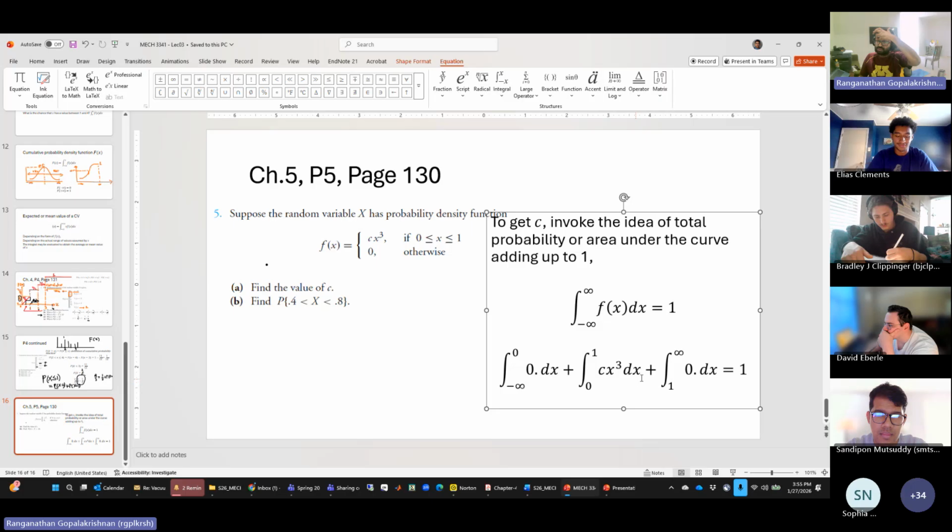I'm writing it out like this to show that the interval in the broadest or most general terms is minus infinity to infinity. But for a given random variable, it'll simplify quickly. So the first and third are not needed.